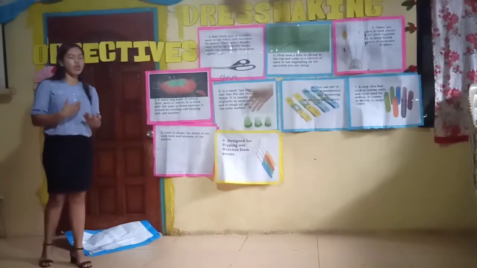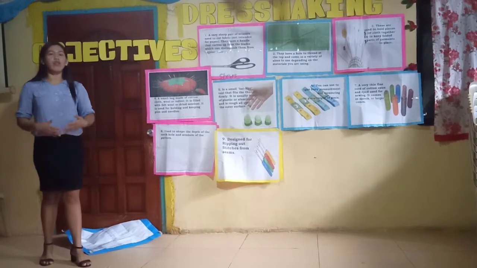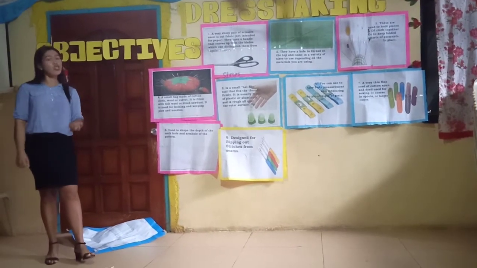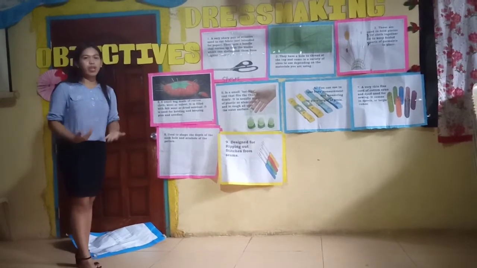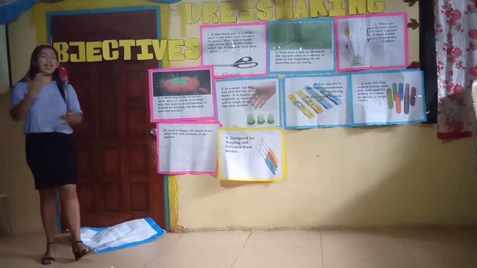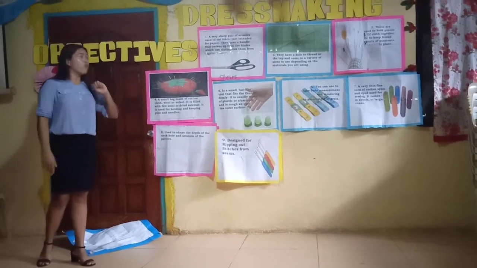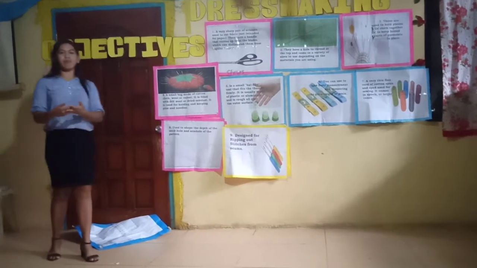Jessa answered my question. It is important to us to make clothes because it is one of our necessary needs. The second question is why it is important that we take good care of our tools. Bernie answered my question that we should take good care of our tools for our safety.